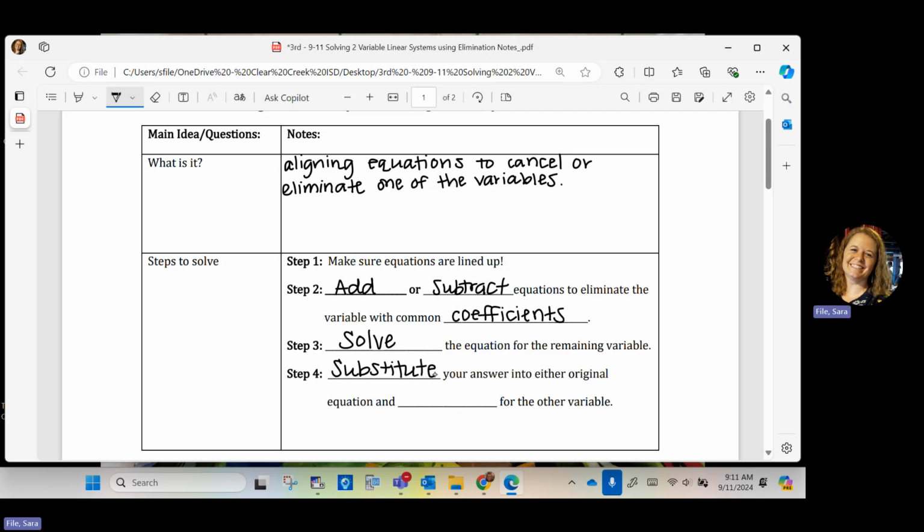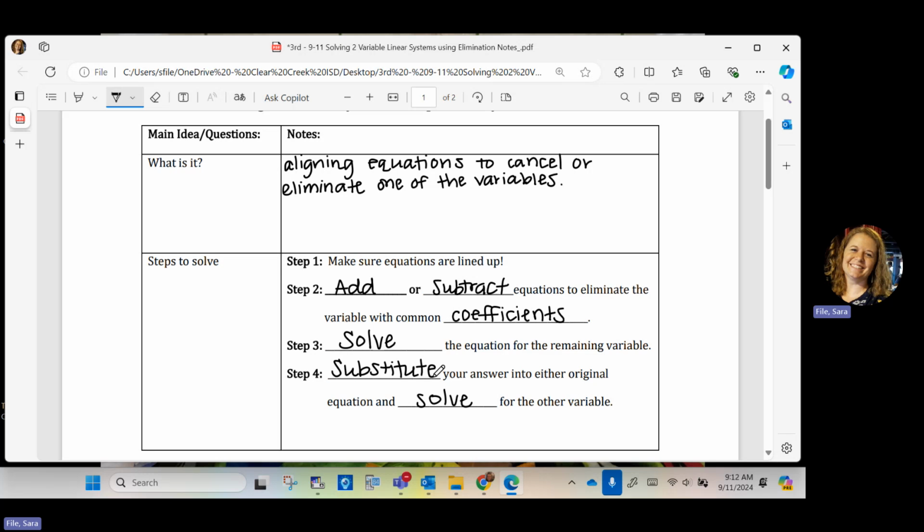We can plug it in to either of the original equations. It doesn't matter which one. Sometimes one looks easier than the other, so you get to pick whatever one you want. Once we substitute that value back in, then we will solve for the other variable.